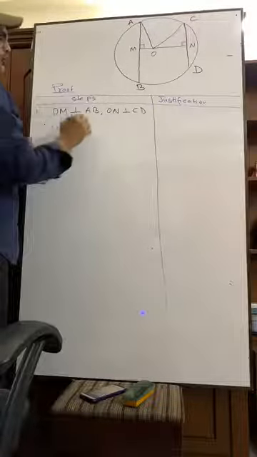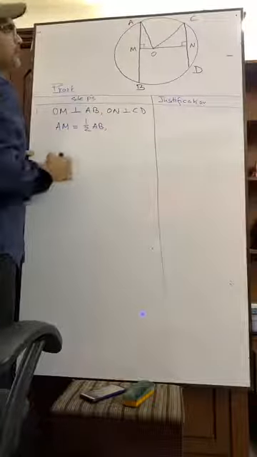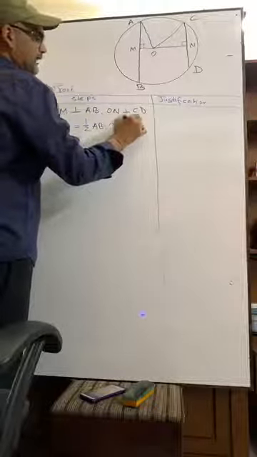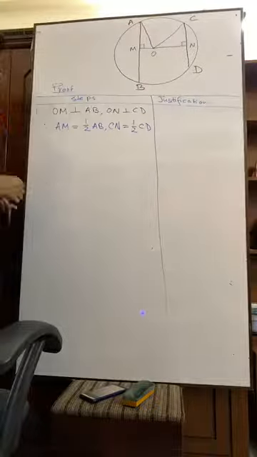AM equals half of AB, as well as CN equals half of CD. Can you write? Yes, we can write.